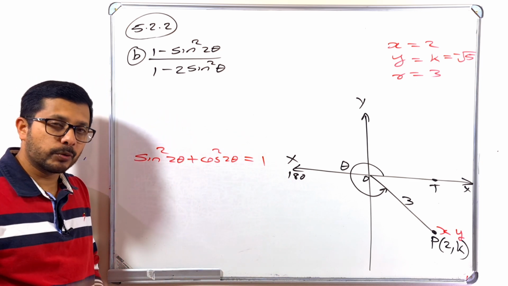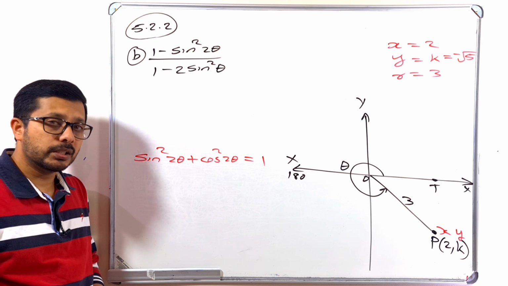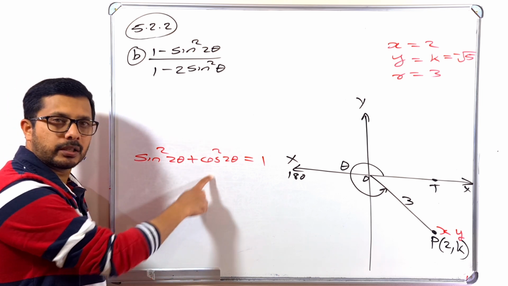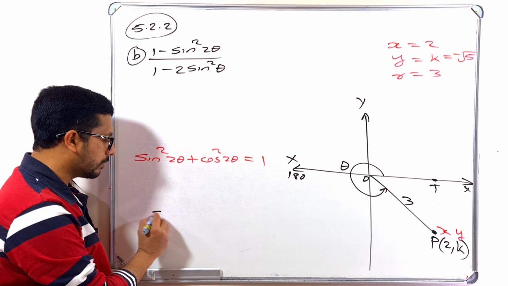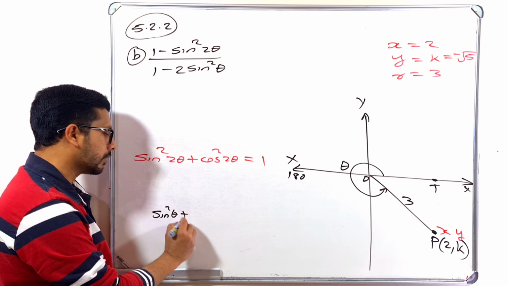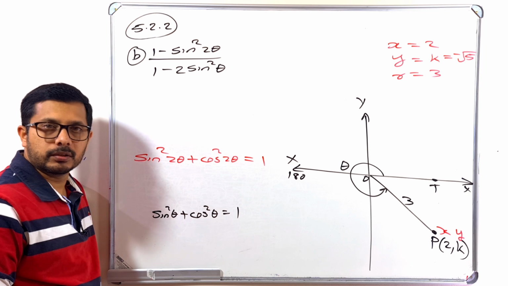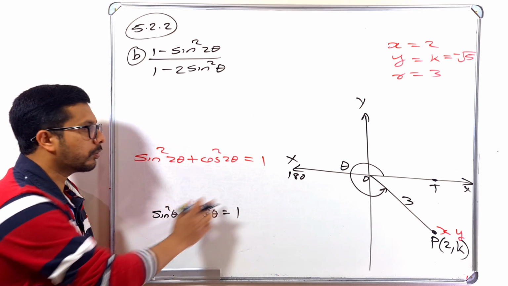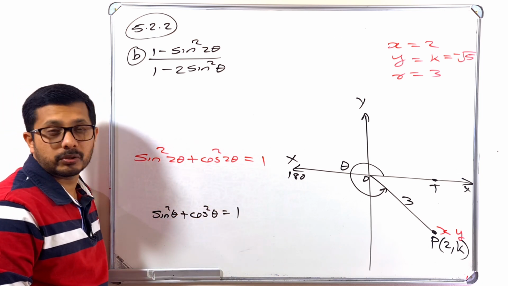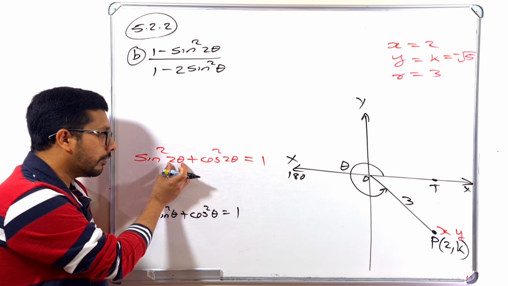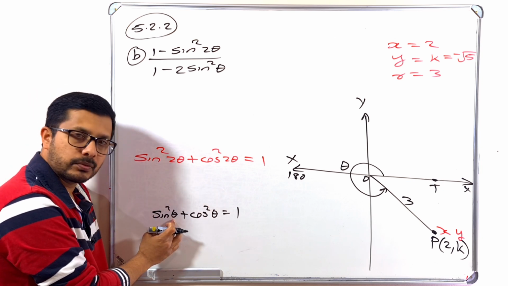Maybe some of you are thinking, sir, that is not what we studied. We studied sine square theta plus cos square theta is equal to 1. Then how, here it is 2 theta, can you write it as 1? No, no. What does this 2 theta or theta stand for?